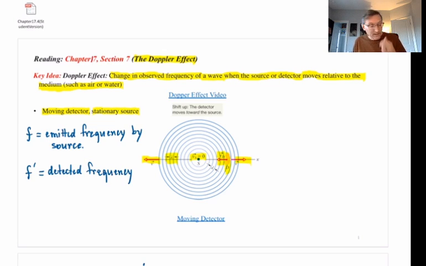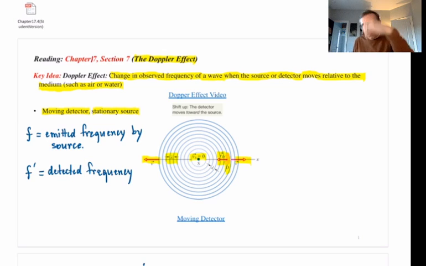All right, now, here's the key thing. If the detector were at rest relative to the medium, just like the source is, then it's pretty clear that the detected frequency F prime would have to be the same as the emitted frequency F, because the detector and the source are at rest relative to each other.